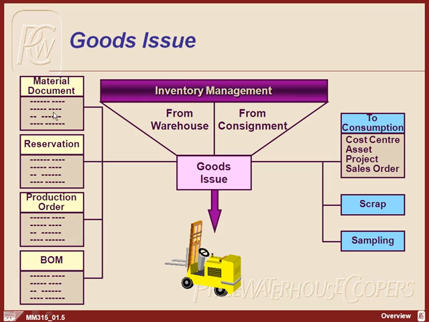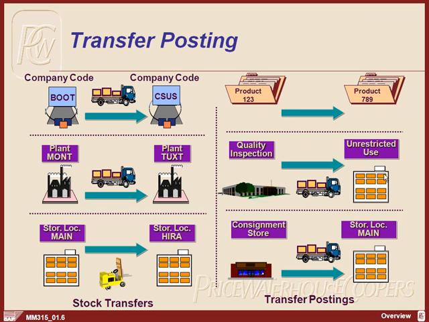These are all called planned issues. If you are doing goods issue to a cost center, that is to an account assignment object, or issuing goods to scrap, or as a sample to the QM inspection, these are examples of unplanned goods issues. We will discuss each of those things.